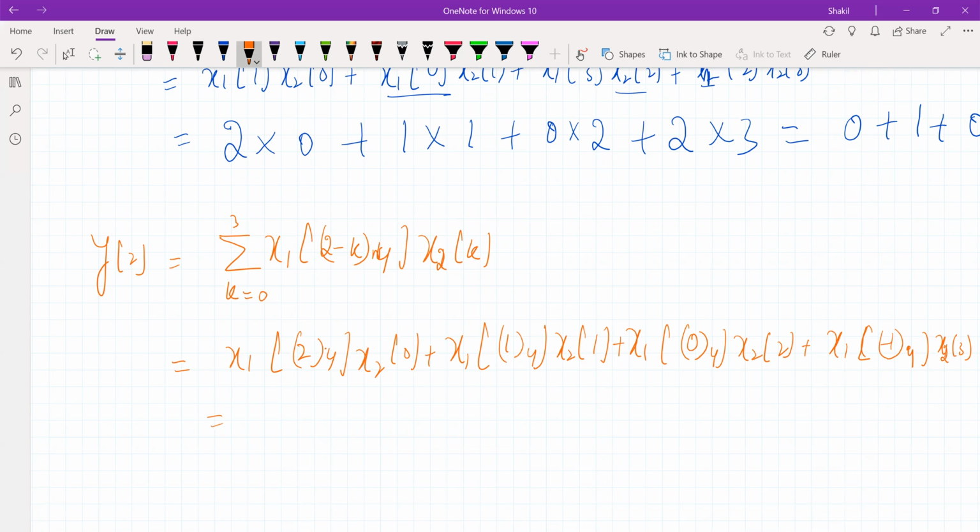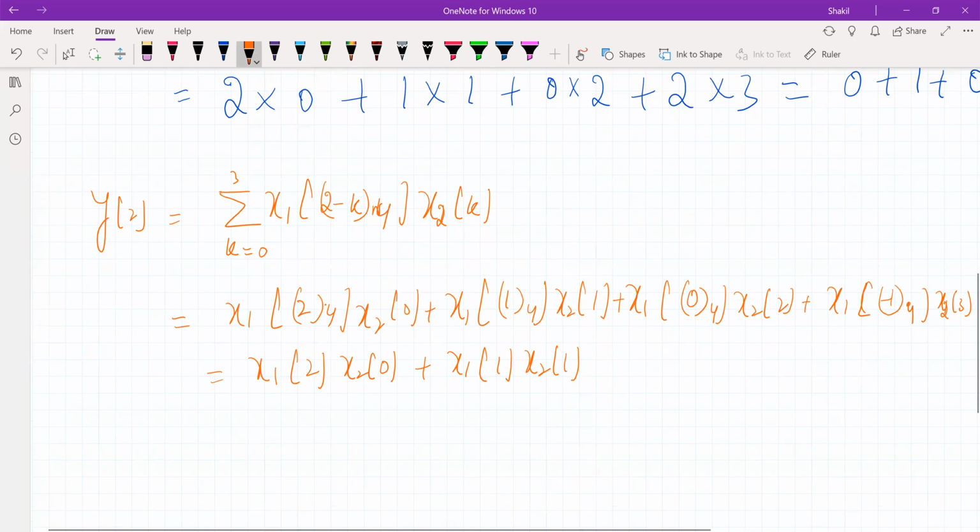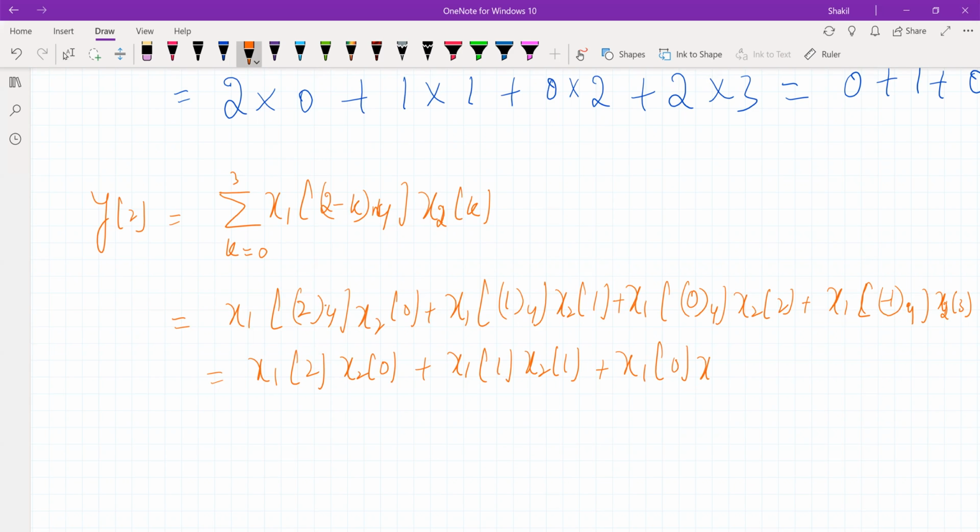So let me simplify. 2 modulo 4 is 2. 1 modulo 4 is 1. I hope I'm doing it right. 0 modulo 4 is 0.